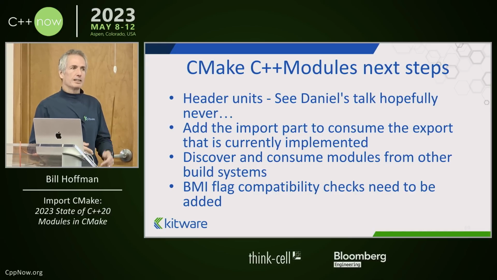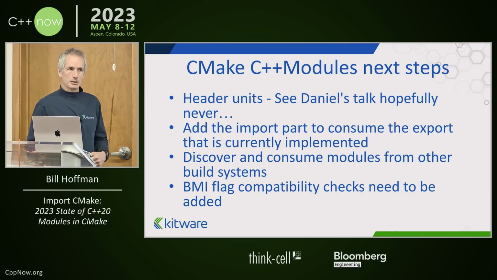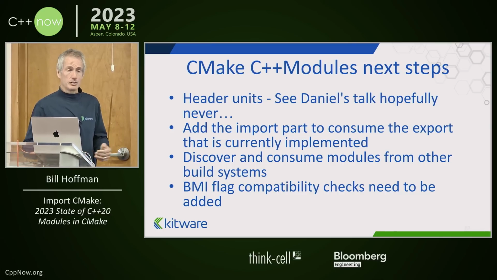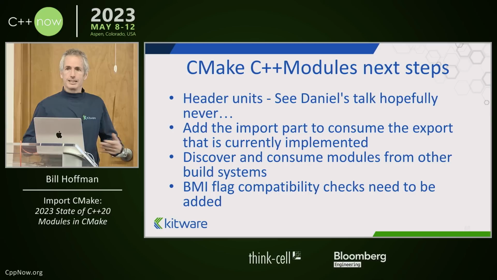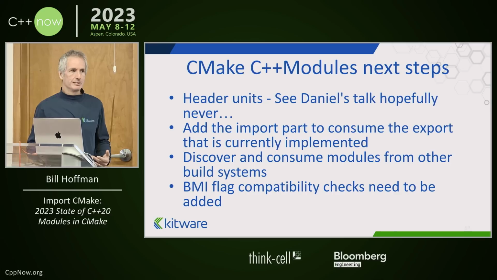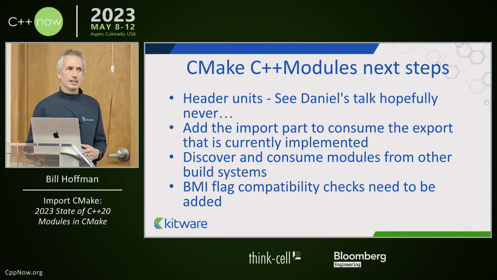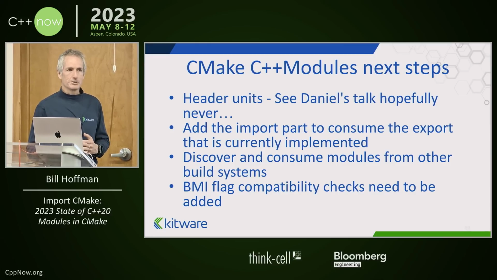I could see it working well for the standard library and stuff, but inside a source tree, I think you're much better off just going straight to named modules, putting a small wrapper around the header files, because it's not going to magically turn your include files into importable modules. It's going to cause all kinds of problems and probably cause you to have to change your code anyways, in which case you should just go straight to named modules.